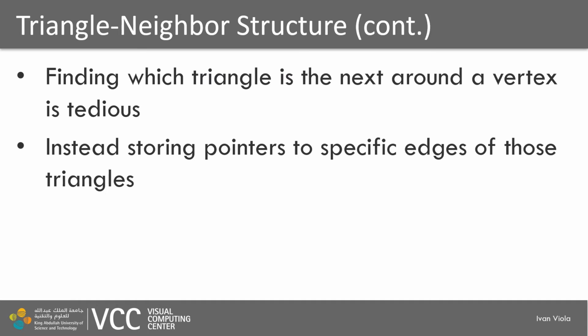The triangle neighbor structure is already well designed for finding the adjacent triangles to a particular triangle, or to triangles which contain a particular vertex and make a complete loop around this vertex.